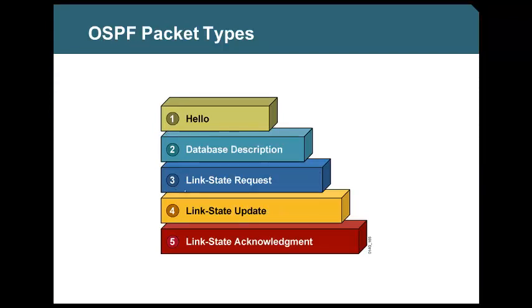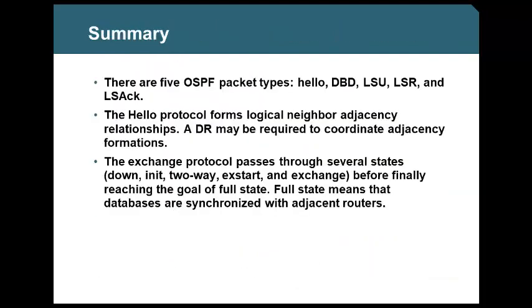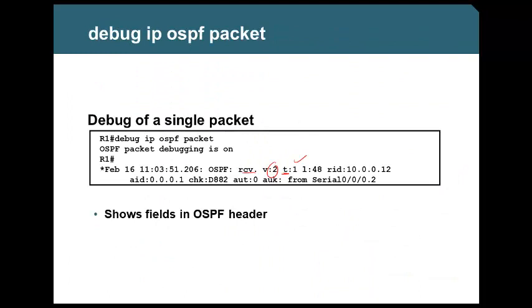I told you. 5 means LSAC. So you can see type as 1, which means this is a hello packet. And the length of the packet is 48 bytes. And the router ID of this router which is sending this packet is 10.0.0.12. And the area ID is 1, area number 1. Checksum is for the integrity. If someone breaks the packet in the middle, you will know.